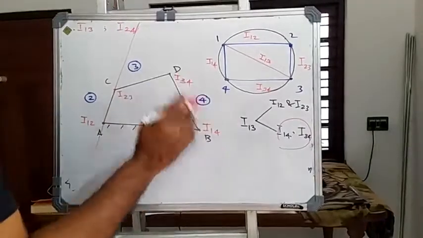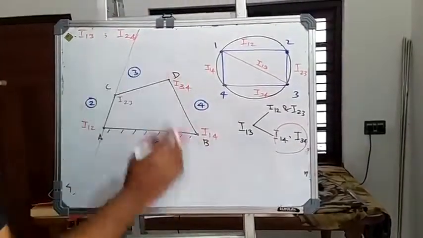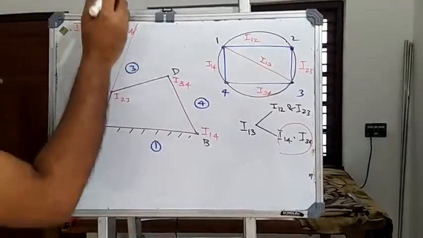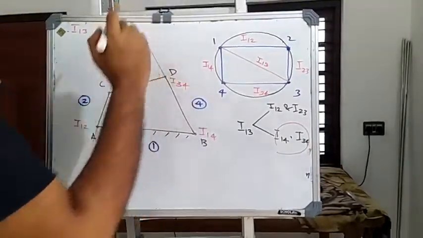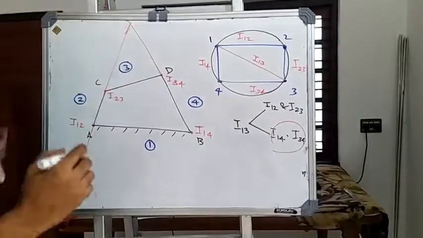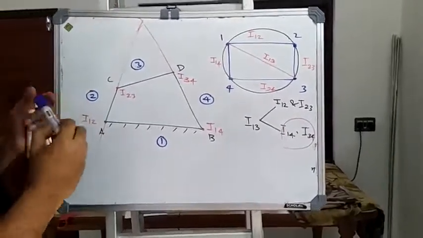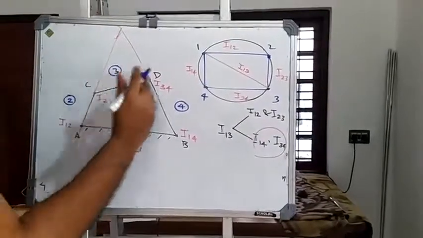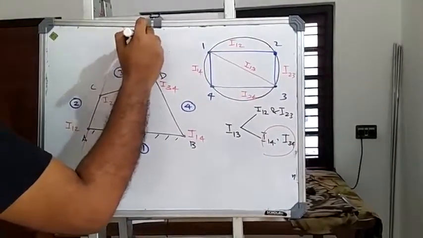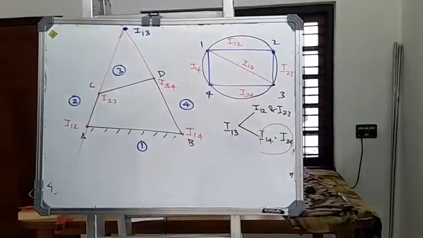So I14 and I34, if we join, the straight line looks like this. Now we have to extend this line to meet this one. So we will be extending this one. Hence this intersection point of this combination of I centers will give you I13.